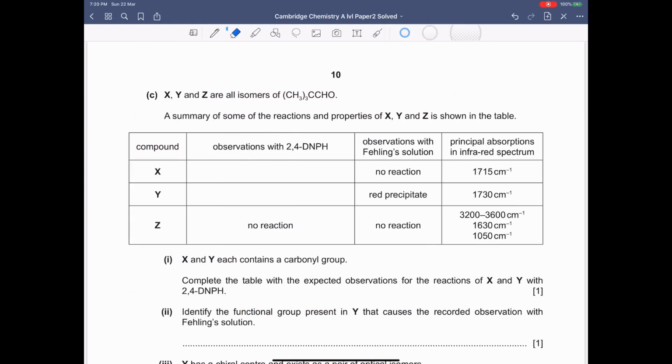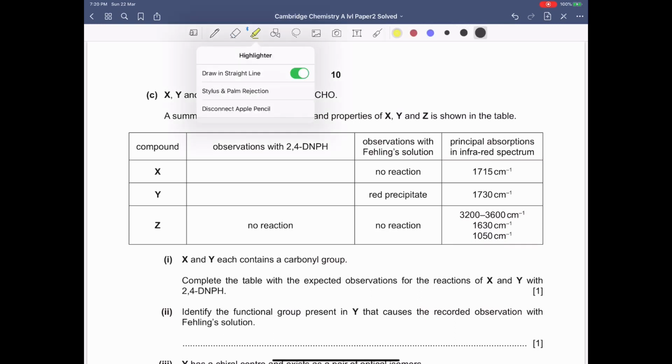C. X, Y, Z are all isomers of CH3CH2CHO. A summary of some of the reactions and properties of X, Y, Z are shown in the table. The properties we are trying to look at here are the observations with Fehling's solution. First of all, it says that there is no reaction.